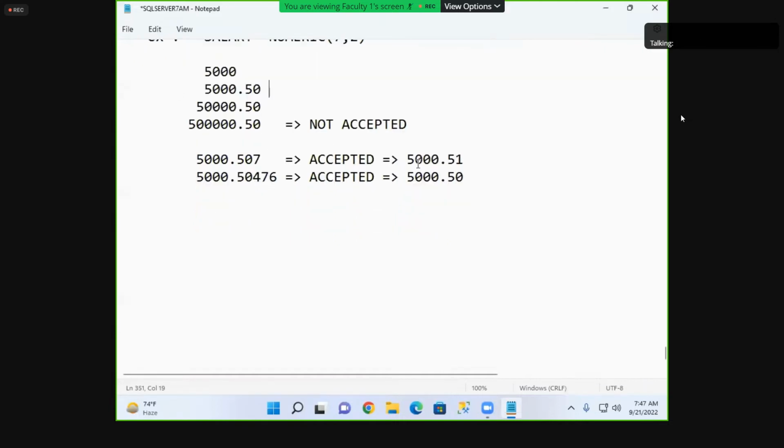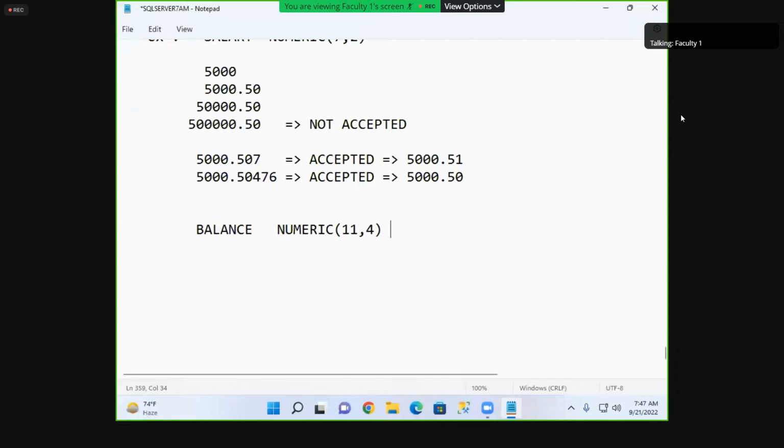Suppose, for example, I declared bank balance numeric 11 comma 4. What is the meaning? Total 11, after decimal 4, before decimal 7.